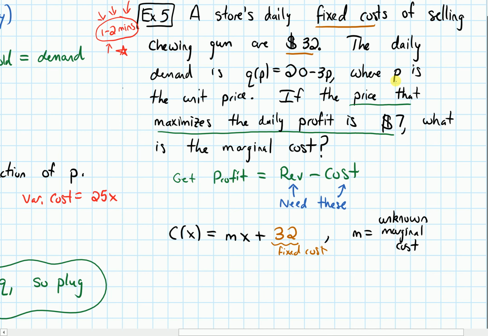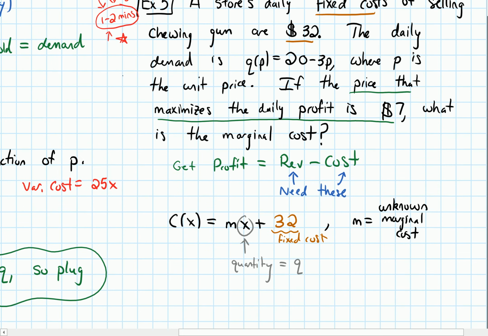But the sentence gives us information about the price. So maybe we will need to get cost in terms of price. And we've seen how to do that in the last video, in the example that we did. So let's just do it here as well. The idea is x represents a quantity. And the variable that we have to refer to quantity, aside from x, is q.